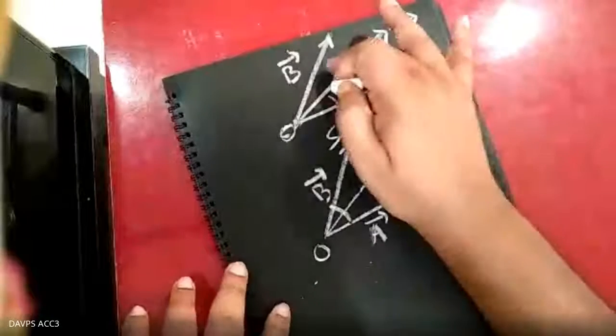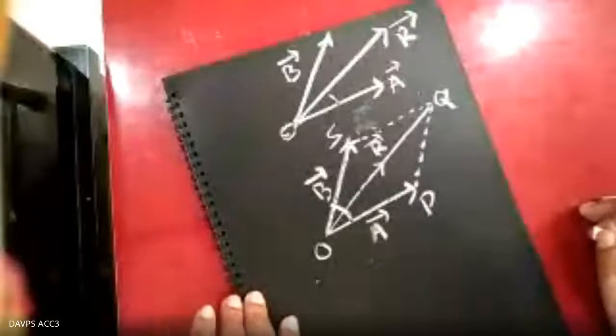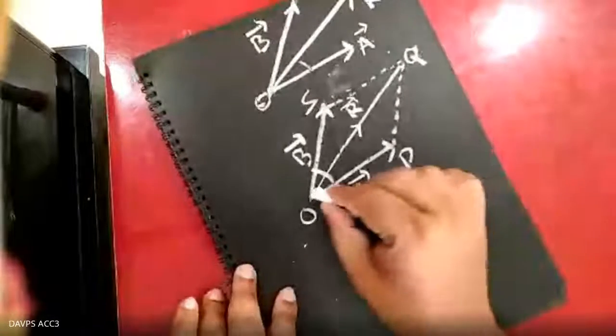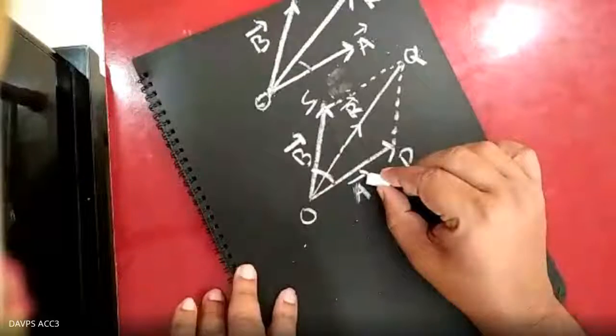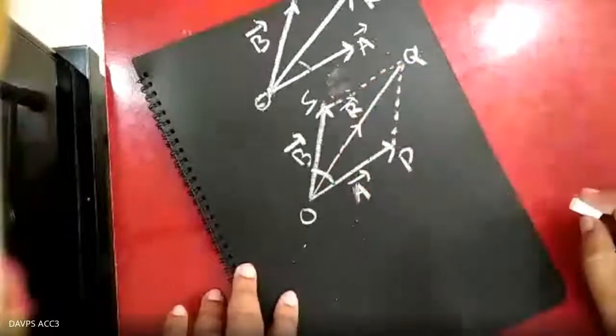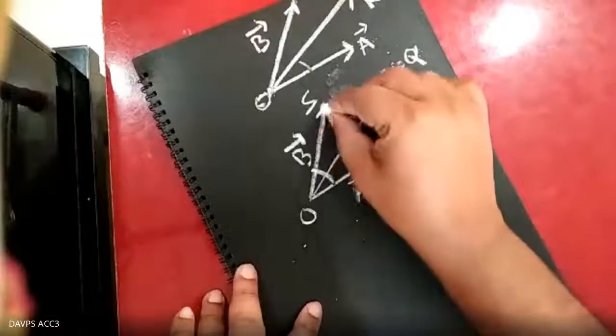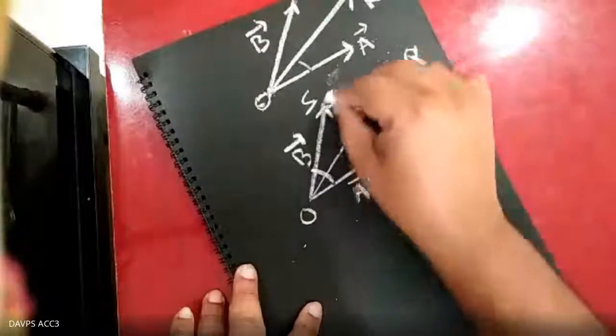We are representing the two sides of a parallelogram. Here OP is vector A and OS is vector B, and I am framing a parallelogram like that.